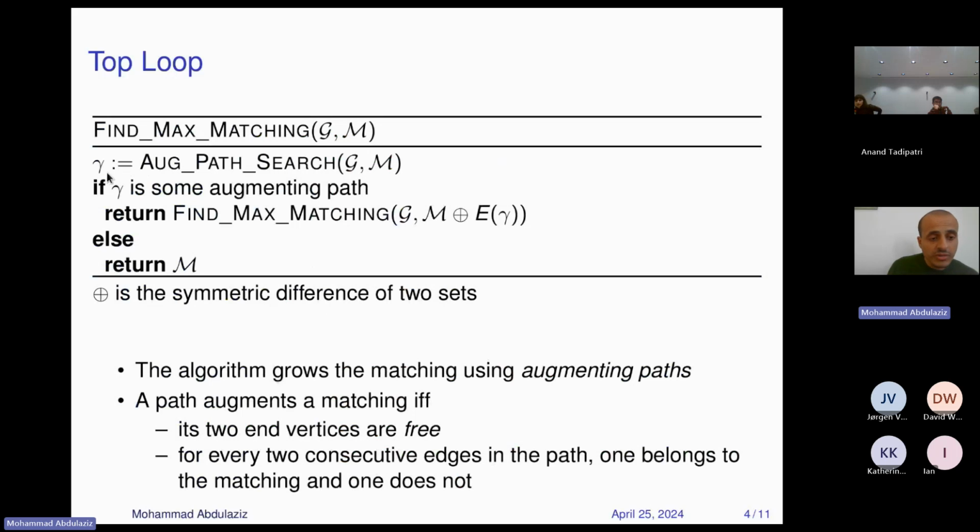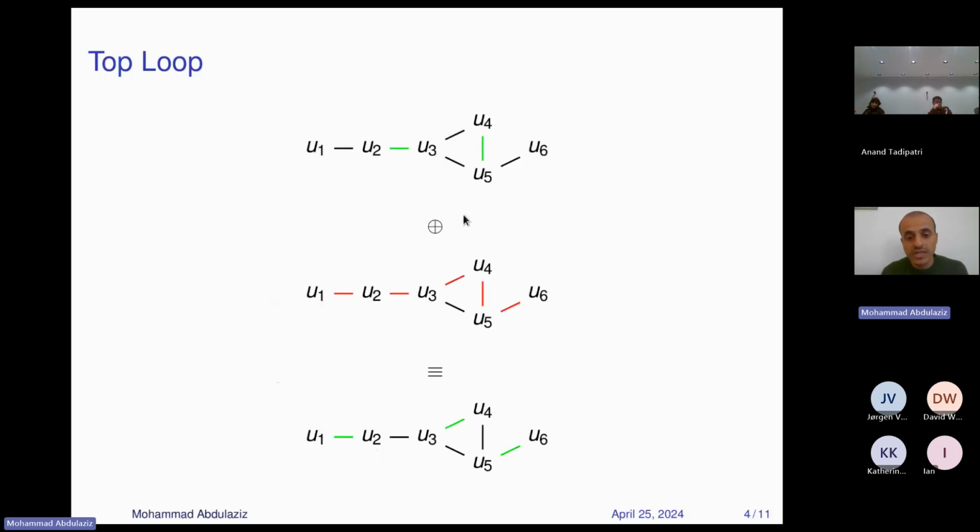Now, if you can find an augmenting path, you use that path to make the pre-existing matching bigger by computing the symmetric difference. Again, let me show you the example. Here, for example, we have a matching that has two edges. We computed this augmenting path, and then we make that matching bigger into a matching that has three edges, by taking the symmetric difference of the matching and the edges in the augmenting path.